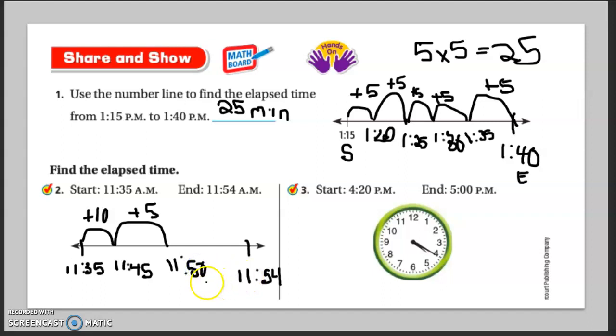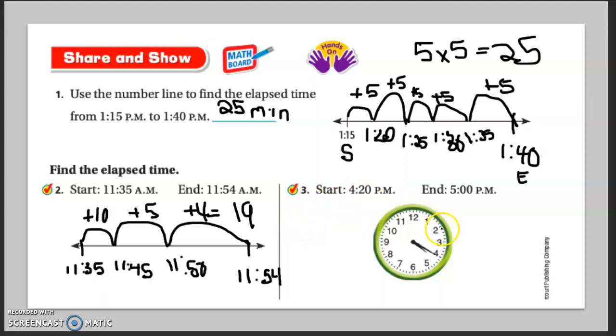So here, since I'm starting at 11:50 or I have a 0, I can count, well, how many minutes will it be from 50 to 54? That would be a total of 4. So when I add all my time together, 10 plus 5 plus 4, 10 plus 5 is 15, 4 more gives us 19. So my total elapsed time for here would be 19 minutes.